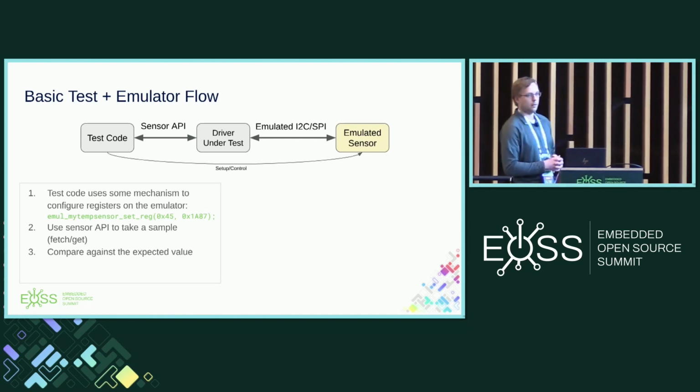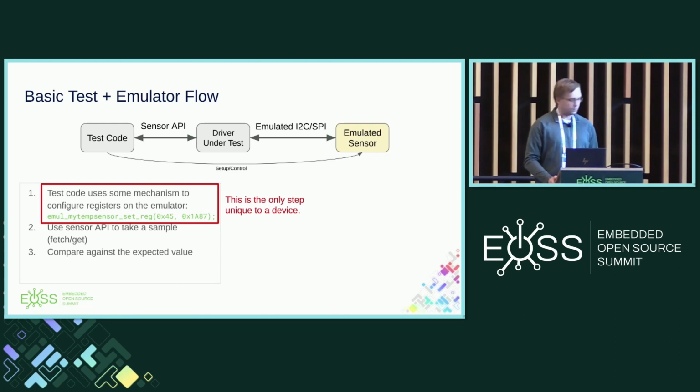And so this works pretty well. This basically tests the data path of the sensor. But if you do this a lot, you'll suddenly notice that this one part right here is the only step that's unique to a device, right? If you could have a standardized way of talking to these emulators and let the emulator be in charge of doing that conversion from a real world SI number into a register representation, then the test could suddenly be reusable.